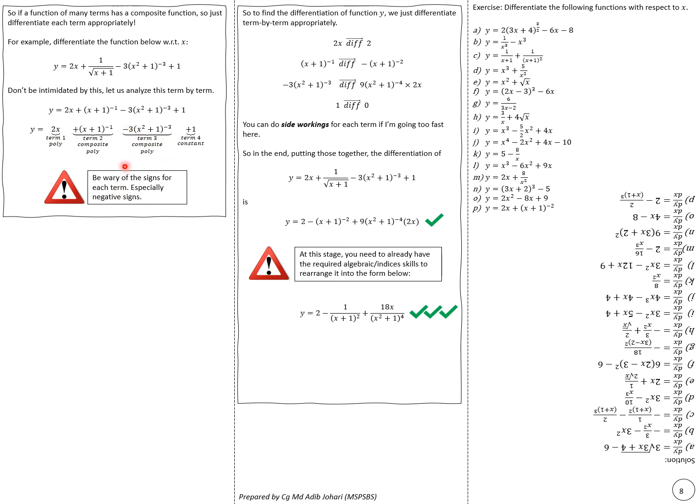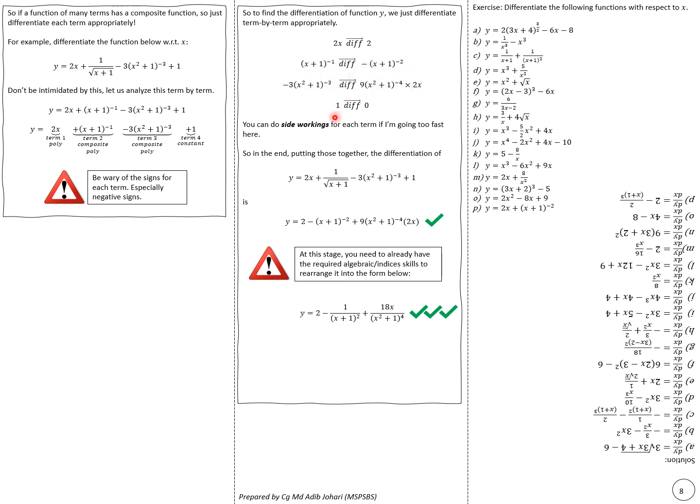So how do I differentiate this? You differentiate it term by term. You can do a side working. For example, this one. So 2x differentiate, I have 2. X plus 1 to the power of minus 1, if I want to differentiate this, I'll get this. These two composite functions, when you differentiate, you get this 2.